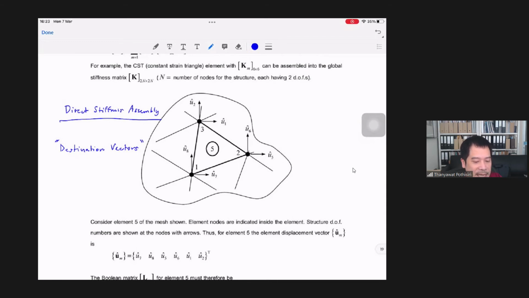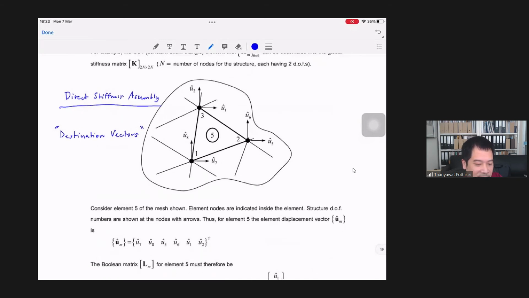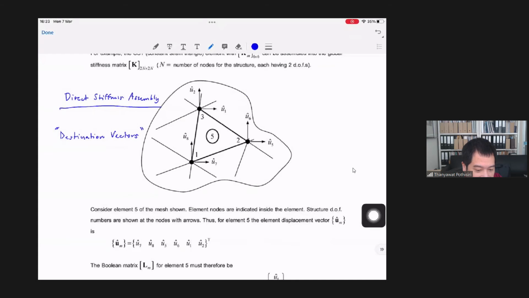So it means that, for example, for this element 5, if you look at the nodes of this element 5, you will see that node 1 is right here. So u1 of element 5 should be right here, and u2 should be right here. And node 2 is right here, so u3 and u4 should be right here.